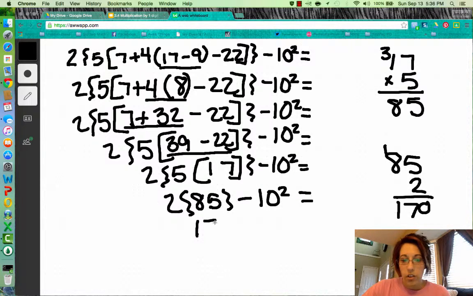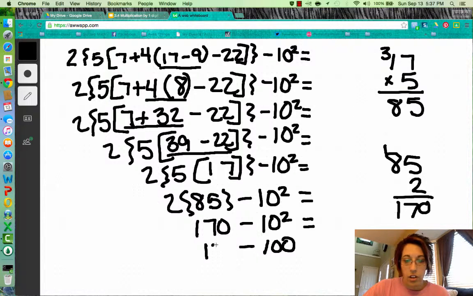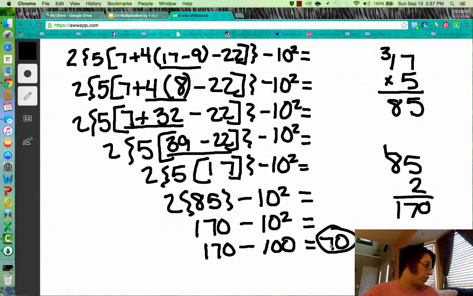So I have 170, subtract 10 to the second power, which is my exponent. So 100. So 170 minus 100 is 70. That is our answer.